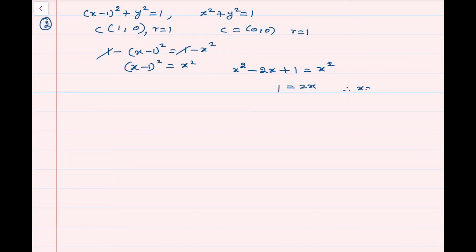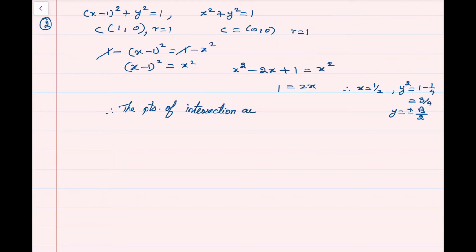Therefore, x is half. Let us substitute in one of these two circle equations. Y square will be 1 minus half square, which is 3 by 4. Therefore, y will be plus or minus root 3 over 2. Therefore, the points of intersection are half comma plus or minus root 3 divided by 2.